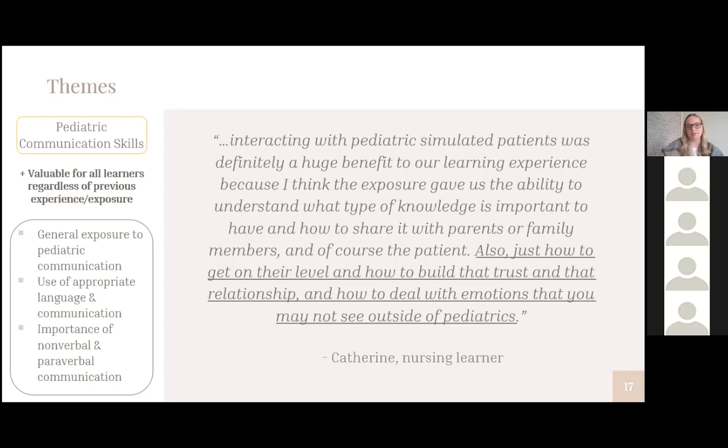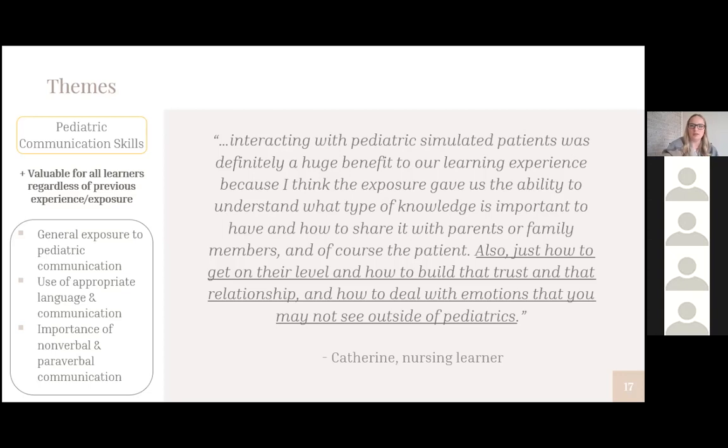And Catherine, who was the individual that had the most experience, said that even as somebody who felt they had a great manner of communicating with children, she walked away with a new approach and ways to fine-tune her manner of speaking and her body language, just because it is so unique to pediatric care.